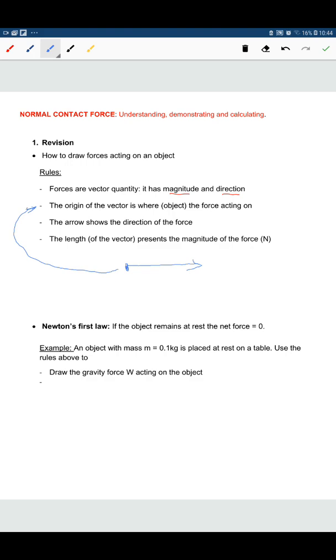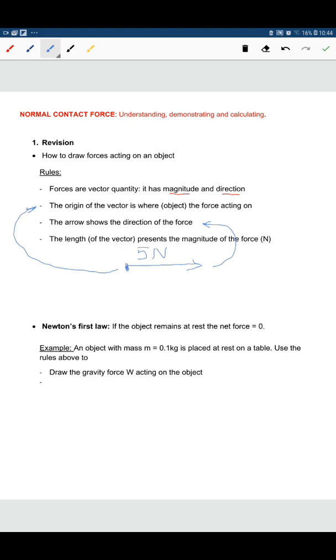In this case, it goes from left to right, but it can be at any angle, vertical, horizontal, or otherwise. And the length of the vector represents the magnitude of the force. I would say it is 5 Newton.